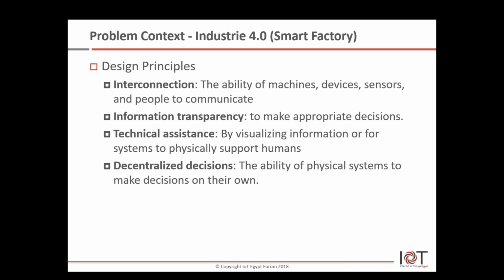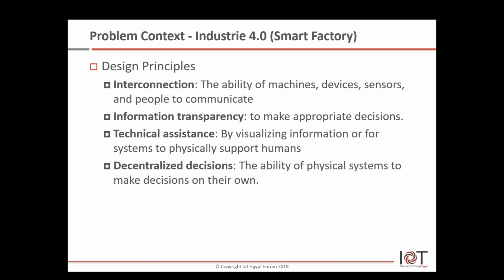All the information across the whole manufacturing process is tracked, identified, collected, and shared with the machines and with people. So the information transparency is full, and that provides the decision makers the ability to take the appropriate decisions.